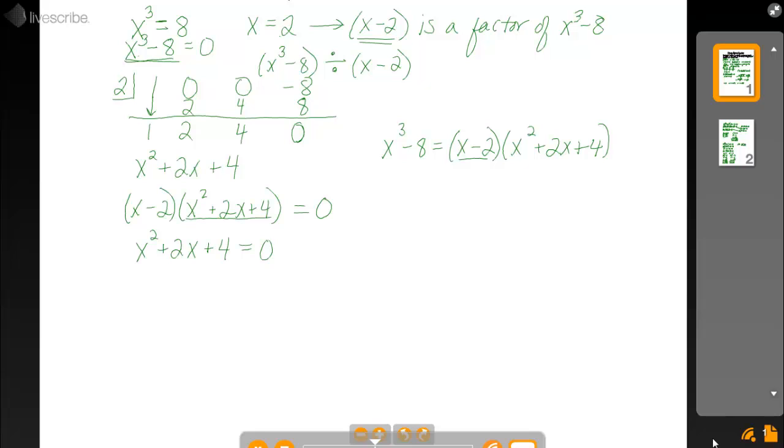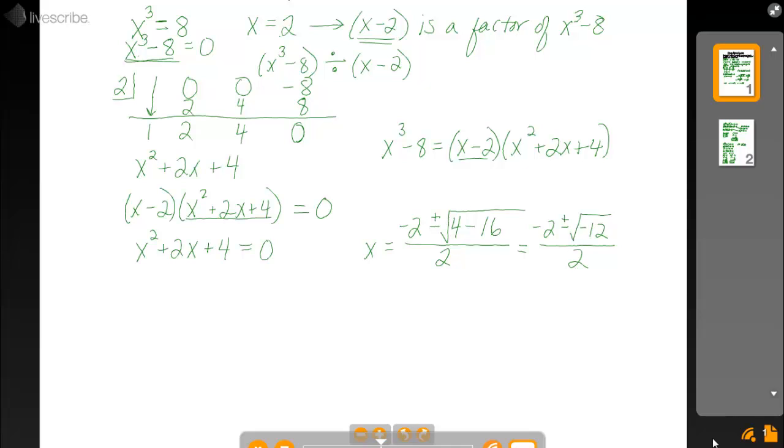So we could use one of our other methods. I'm going to use the quadratic formula here. x equals the opposite of b, plus or minus the square root of the quantity b squared minus 4ac. 4ac is 16. Doing a little bit of the arithmetic in my head. All over 2a. That's negative 2 plus or minus the square root of negative 12 all over 2. And we can keep simplifying this.